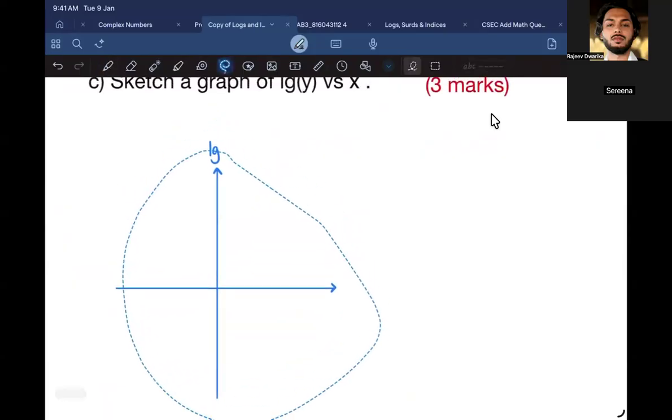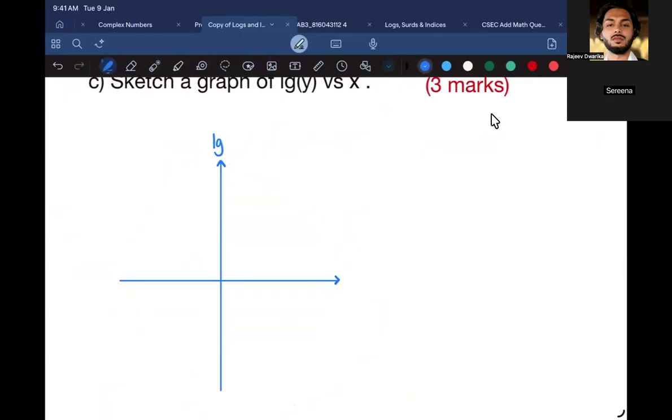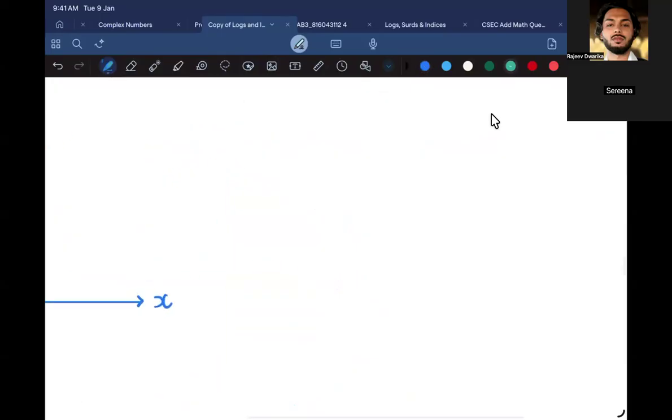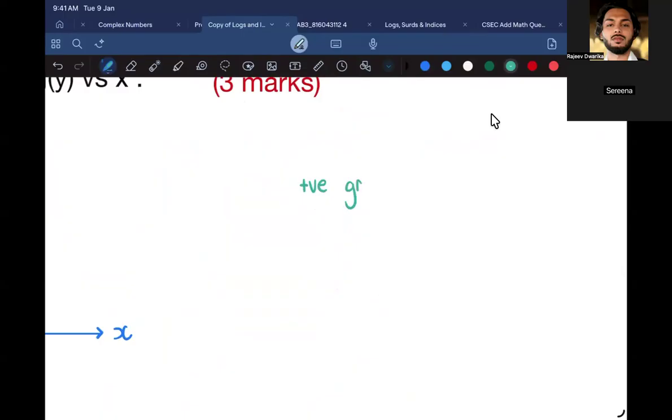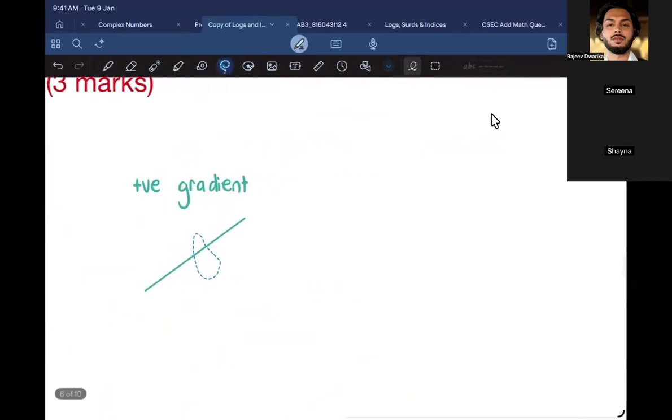So you need to know what a positive gradient and a negative gradient look like. So that'll be log y, and this will be x. Now, just to give you a reminder, a positive gradient would always be in this direction. And how do you think a negative gradient would look?